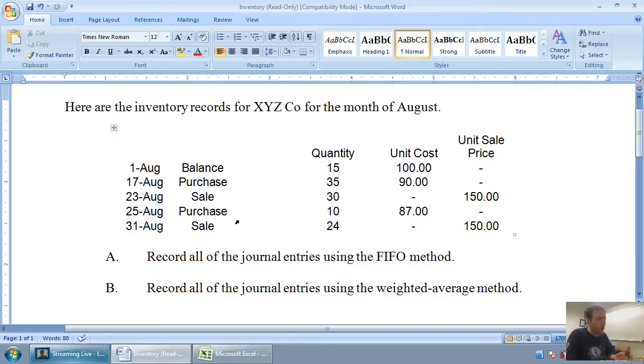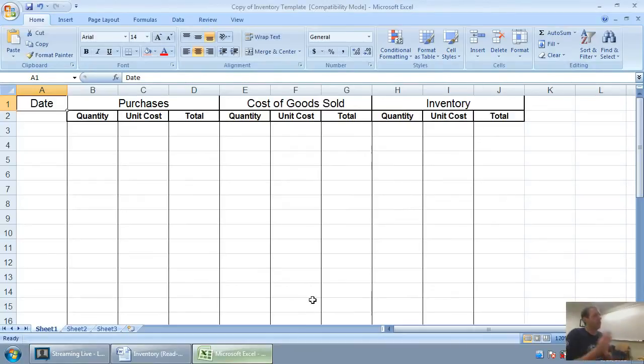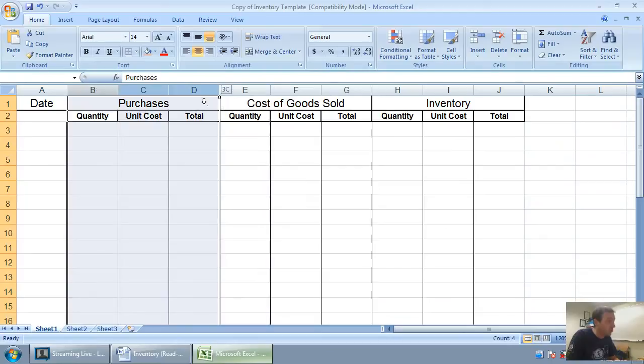To do this and to keep track of inventory, I've encouraged my class to learn to use one of these. This is called an inventory record, and it's just a way of keeping track of your inventory. Very good chance you'll have seen something like this in your class, but if not, I think it's going to be very clear how to deal with it. So there's 3 key sections to this.